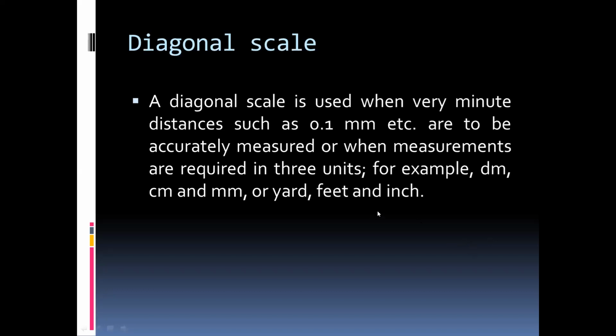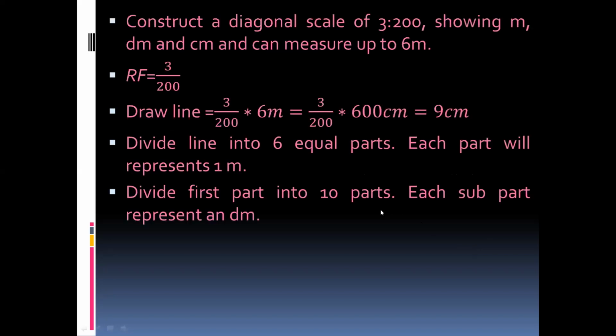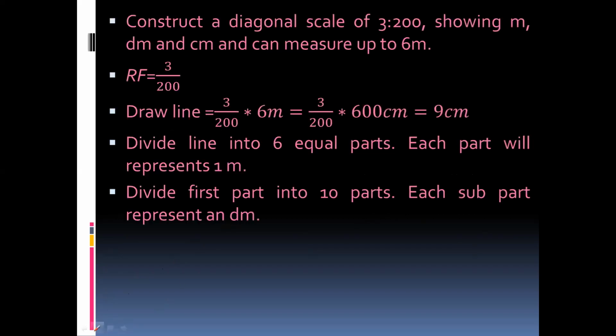Okay, so let us see how to draw a diagonal scale. We will understand this with the help of one problem. Here we want to construct a diagonal scale where the representative fraction is given as 3:200, and we want to show meter.